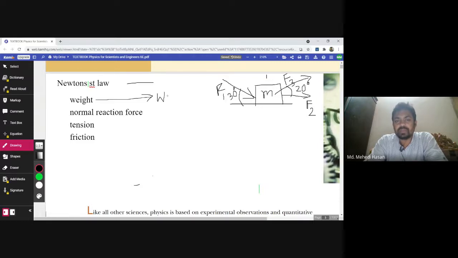The mass m multiplied by g gives you the weight. And the normal reaction force will be different depending on the different applied forces. Here F1, F2, F3 are the applied forces, out of the four forces.